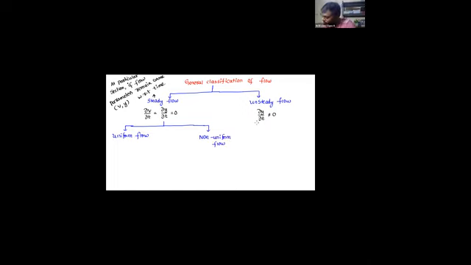Similarly, in the case of the unsteady also, uniform flow, non-uniform flow. See, my dear, first of all, I'm discussing whether the flow is going to be steady or unsteady.